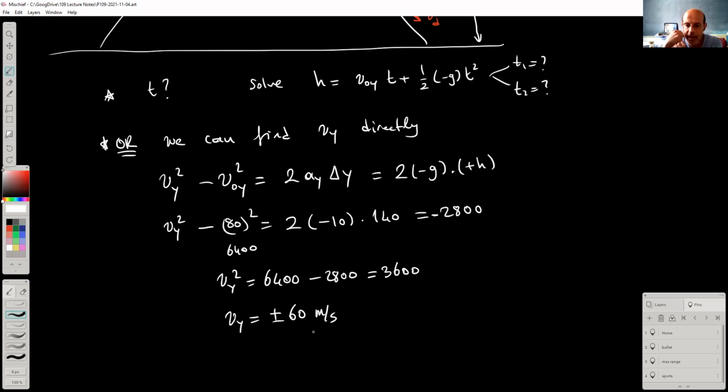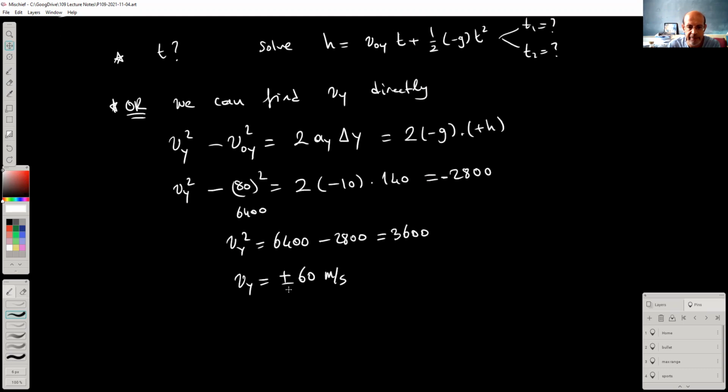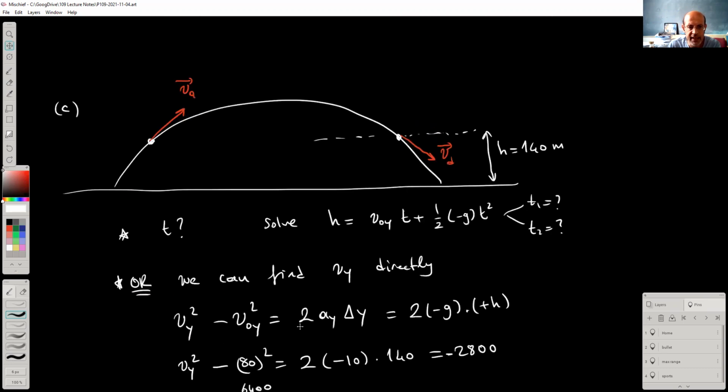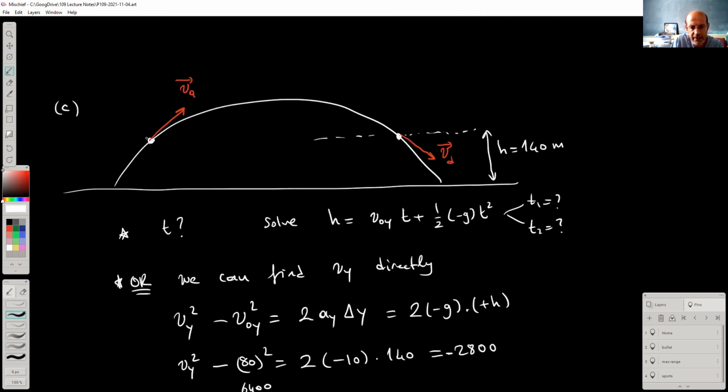Okay, there's a warning in here. The question is not asking for the speed, it's asking for the velocity, right? That's something that you have to be careful about. All right, so in any case, I'm just going to draw it like that. I think I'll keep using this pink color perhaps.